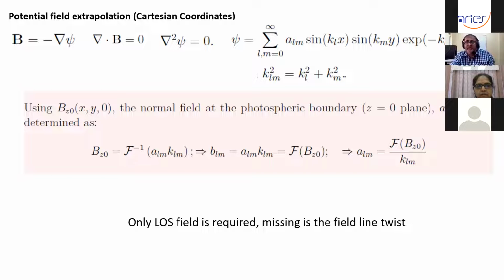They are doing everything, but they remain periodic. But nevertheless, this is an approximation, and the simplicity of this approach is that only the line of sight magnetic field is required to extrapolate the magnetic field. I'm not getting into the details of the calculation, but F represents a Fourier transform here.